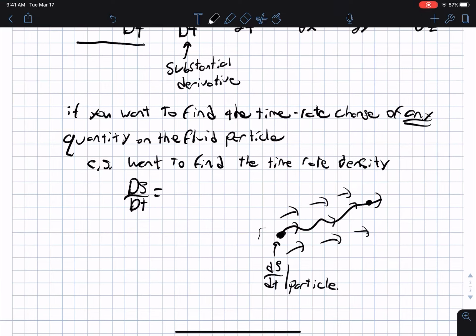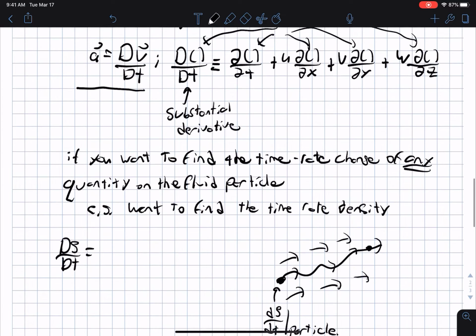Well, if we want to find the total time rate change of density of the fluid particle, we use the substantial derivative for that. And so we just apply this formula up here, but in these empty spaces here, we just put in density.